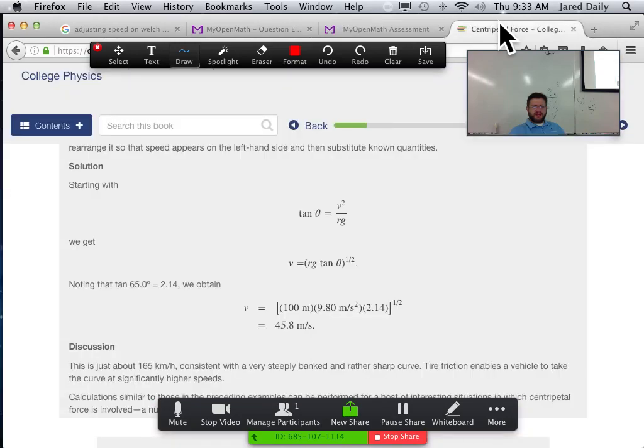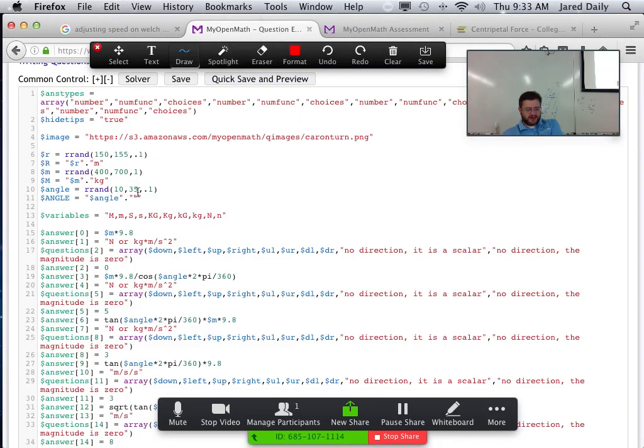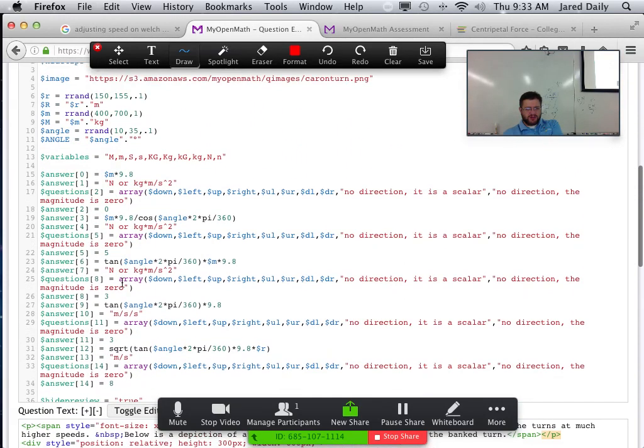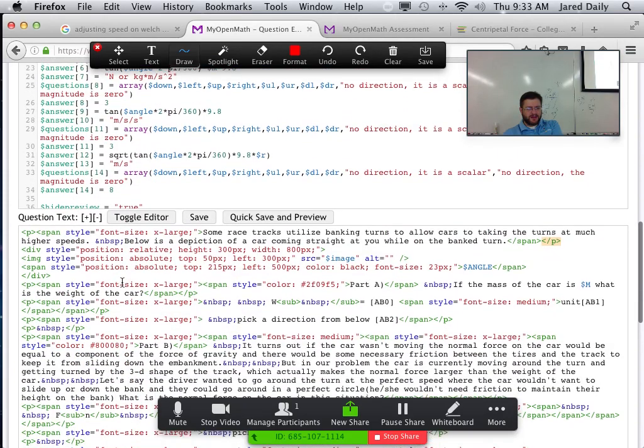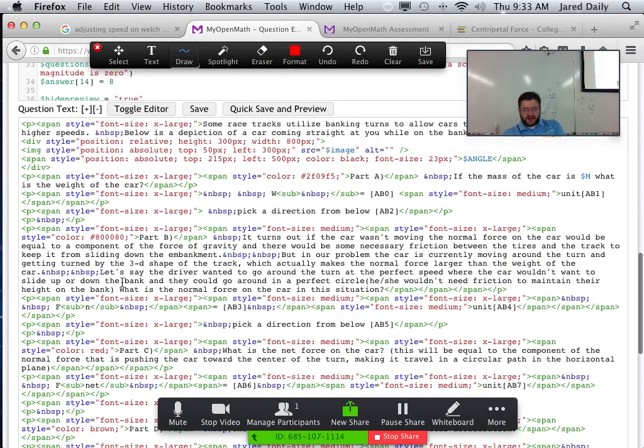Yeah, they're asking the question badly, because that's not the answer to it. If I change the question right here, which would be done right here: what is the normal force on the car when it is not moving?